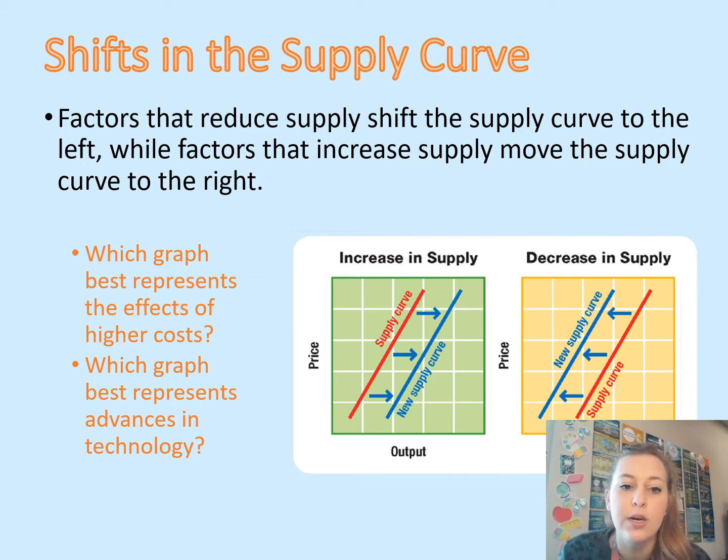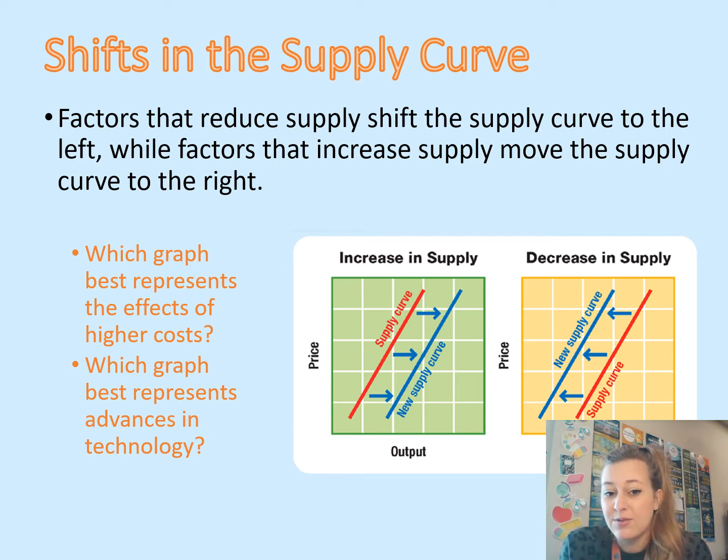So it asks, which graph best represents the effect of higher costs? So if a business has higher costs, that's rising costs, that is going to decrease their supply because they are not going to make as many goods because each of those goods that they make costs more money. So that would be a decrease.